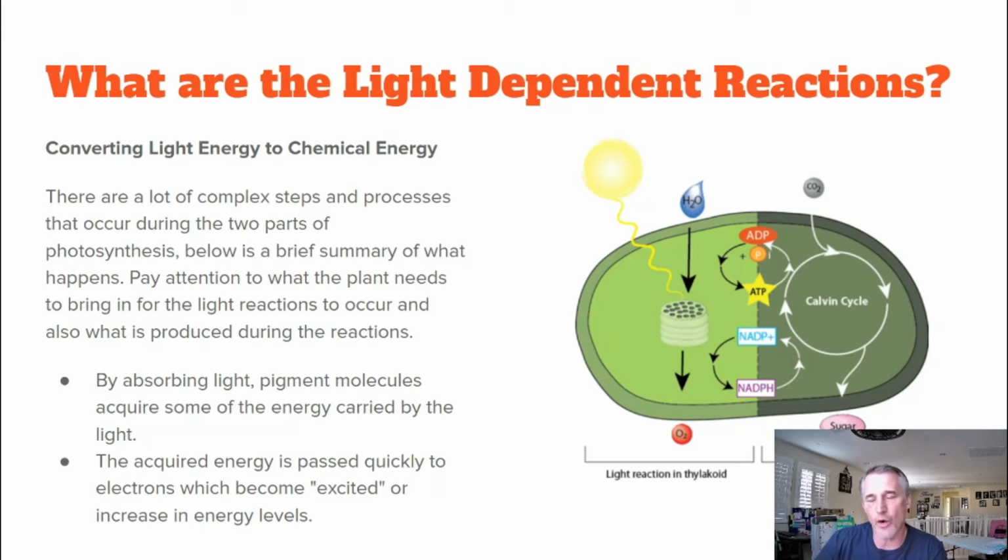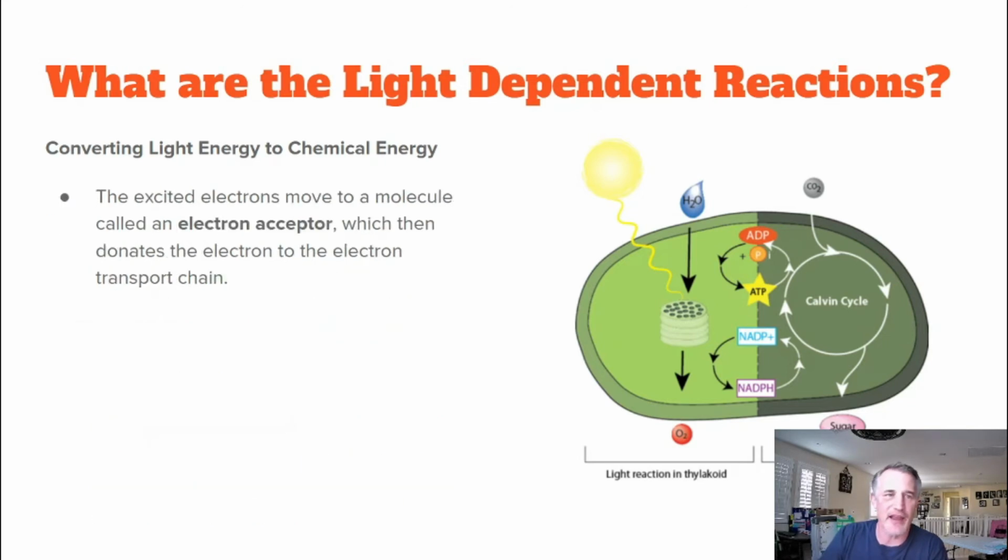And when this acquired energy strikes the chloroplast, it excites these electrons to a higher energy level. Those excited electrons are then passed to something called an electron acceptor, which donates the electron to the electron transport chain, which is where ATP is made.